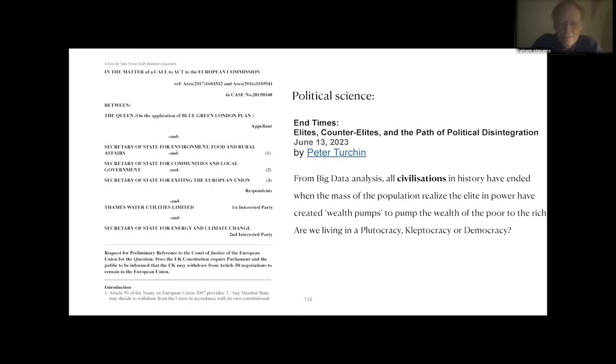Because it was clear that in the Miller case, when Brexit went to court, in the High Court, Mr. Justice Neuberger told Theresa May that she didn't understand the Constitution, that she wasn't allowed to ask to exit the European Union except in the procedure set out by Article 50.